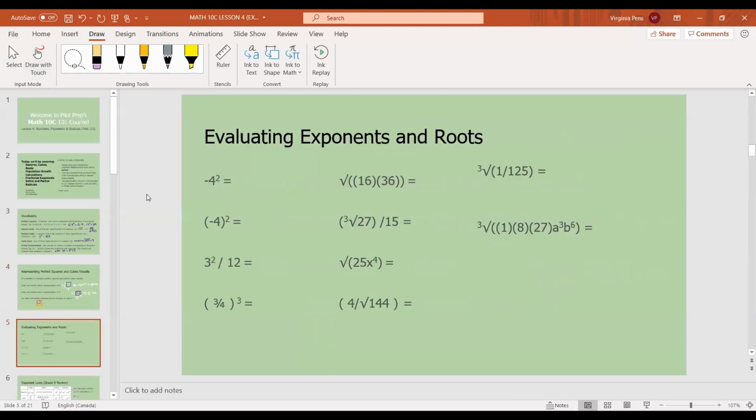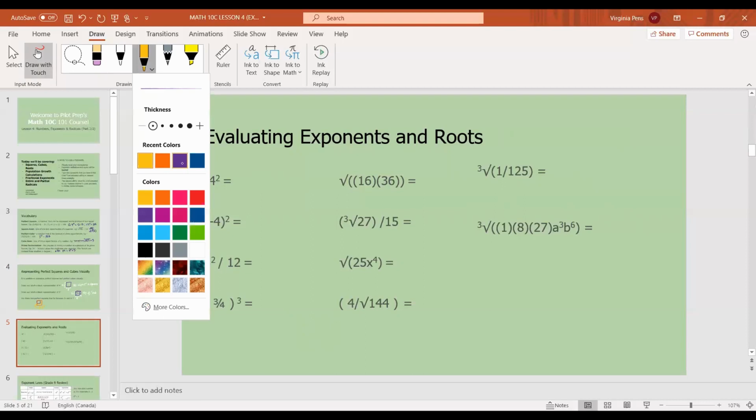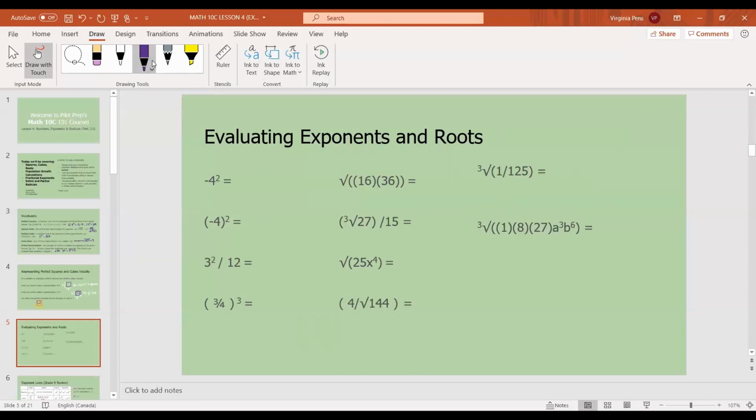Right. So now let's do some evaluation. Over here, you've been given a bunch of numbers, and we're going to take a look at ways to simplify. I want to say simplify, but it's more called evaluating. All right. So I'm going to grab a color. First, what is negative 4 squared?